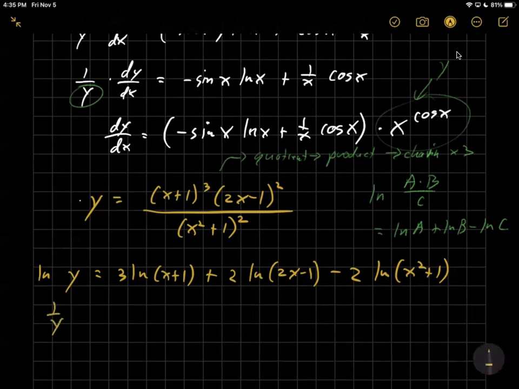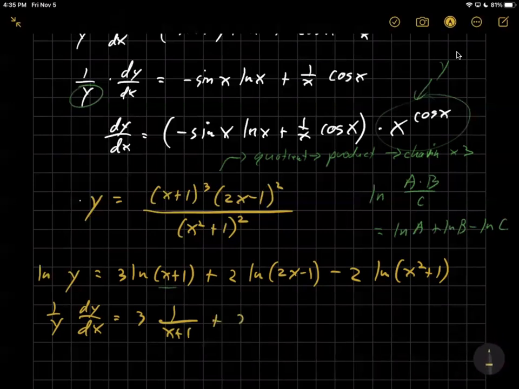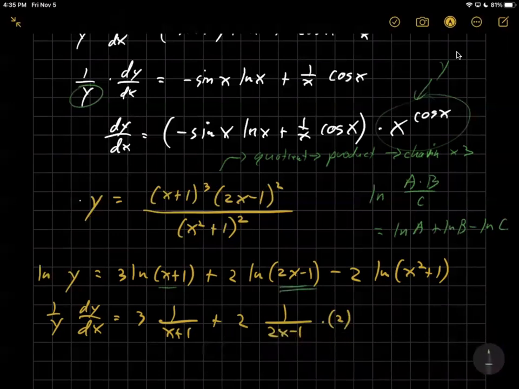So we get 1 over y times dy dx is equal to 3 times 1 over x plus 1. And by the chain rule, the derivative of x plus 1 is just 1, so I don't need to write that. Plus 2 times 1 over 2x minus 1 times the derivative of what's inside, which is 2 again.